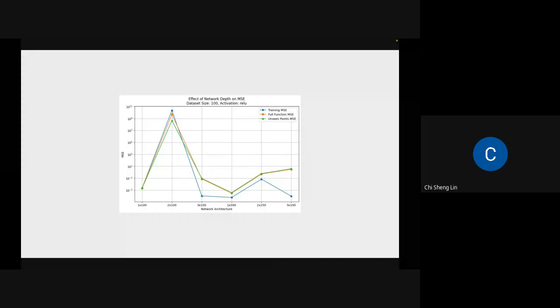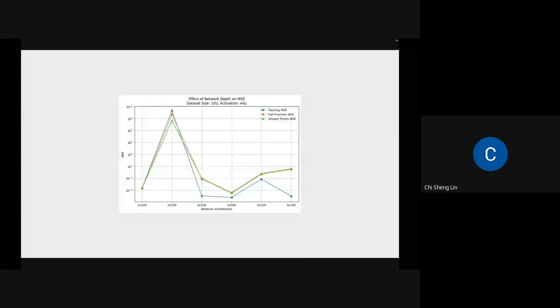Although it has the smallest number of parameters, it performs almost the best. And the 2-layer network, 2 times 100, is the worst. The MSE on unseen points explodes. It suggests numerical instability in training and might be due to exploding gradients.